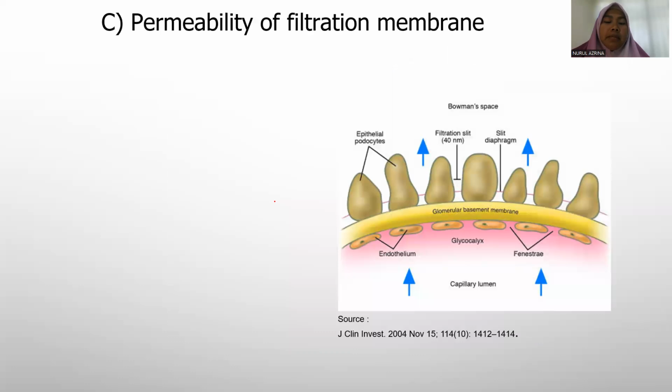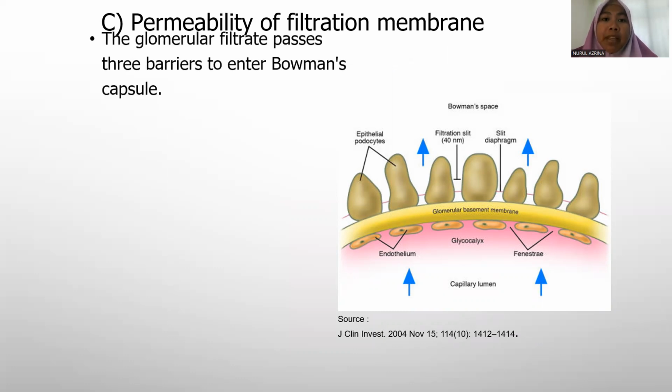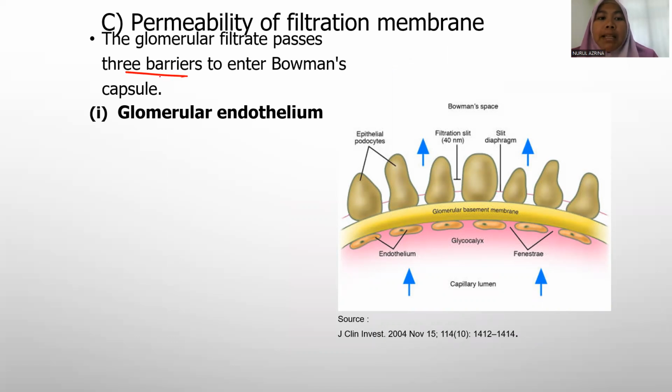Next, factor number 3 involved in the process of ultrafiltration is the permeability of the filtration membrane. The glomerular filtrate will pass 3 barriers before entering the Bowman's capsule.